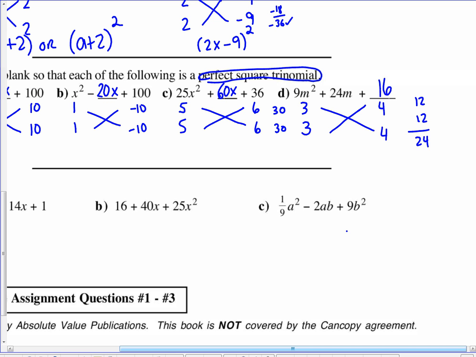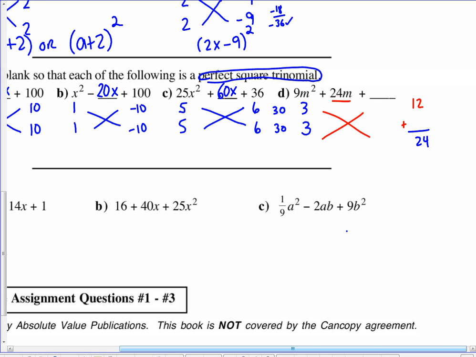Okay, so let's go back and look at that one again. I know that I want my sum to be 24, right? So we know our sum of the two diagonals is going to be 24. And because it's a perfect square, these two products have to be identical. So what two numbers, when they're the same, added together equal 24?